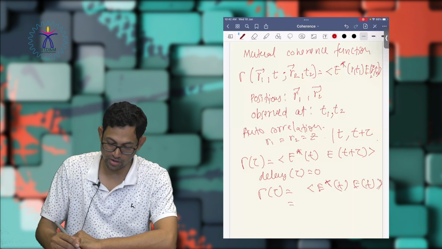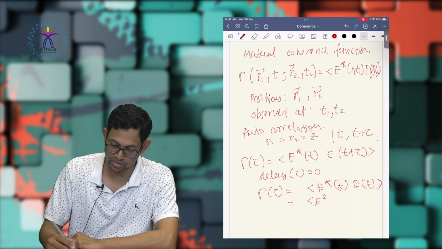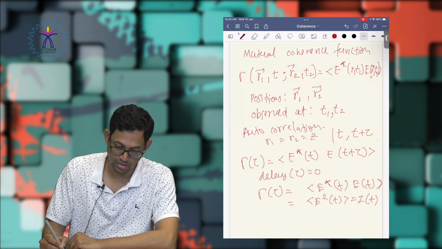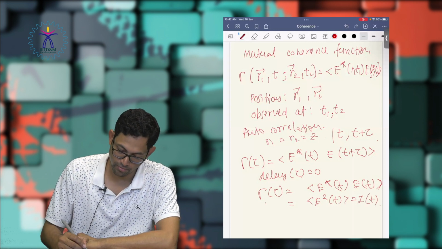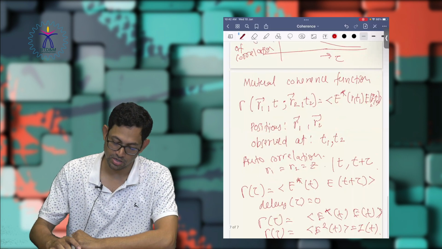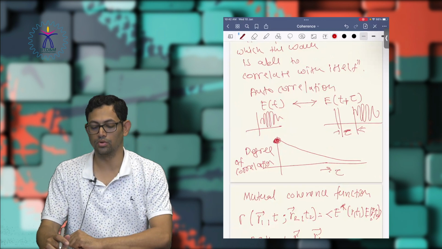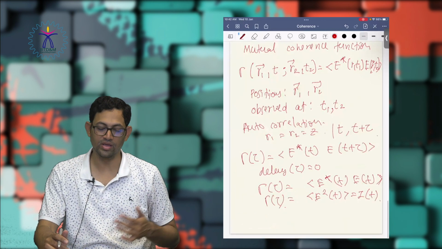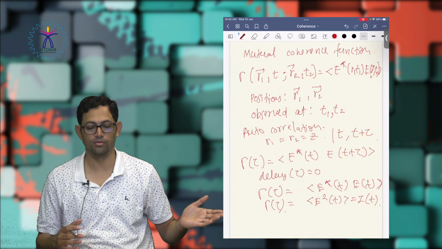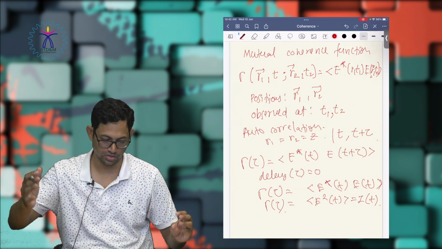Intuitively as well as mathematically, you will see that it is nothing but the intensity, the highest intensity that you get when the delay is 0. But as you go on increasing the delay, based upon the wave packet we have, it will slowly die or stay constant.